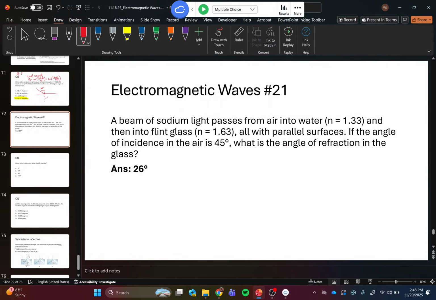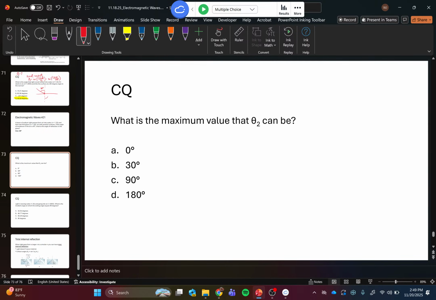I'm not going to even do the next one because it's more of the same. Last thing I need to teach you is it's using the same equation: n1 sine theta 1 equals n2 sine theta 2. What is the maximum value that theta 2 can be?